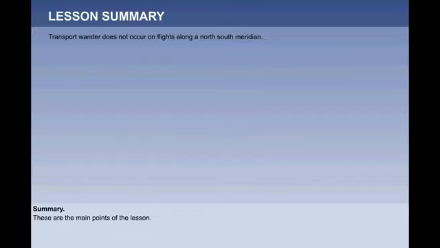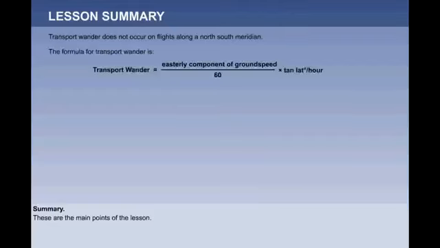Transport wander does not occur on flights along a north-south meridian. The formula for transport wander is: transport wander equals the easterly component of ground speed divided by 60 times the tan of the latitude, in degrees per hour.